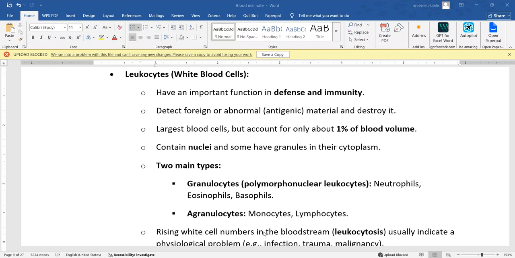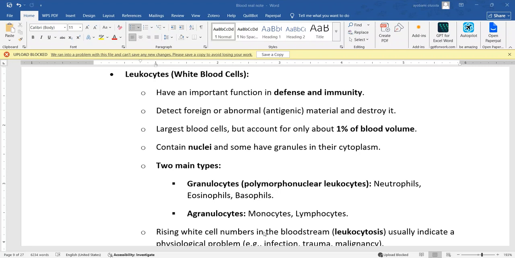Now, the granulocytes, all of them end in phils, P-H-I-L-S. So neutrophil, eosinophil, basophil, they are all granulocytes, while monocytes and lymphocytes are agranulocytes.